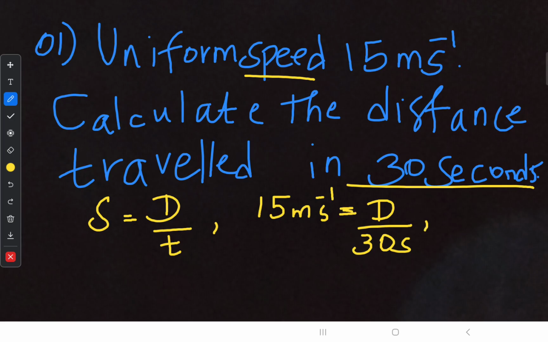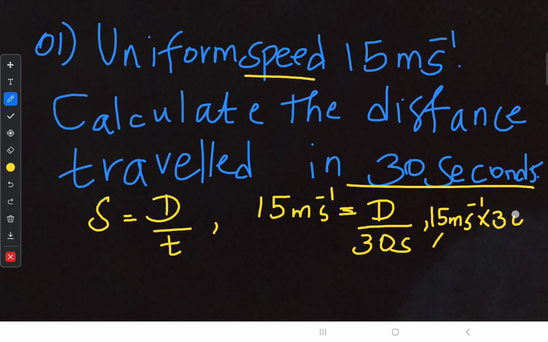We have to find the distance. I'll keep the distance here, and in the denominator we have 30 seconds. You should multiply that: 15 meters per second multiplied with 30 seconds.